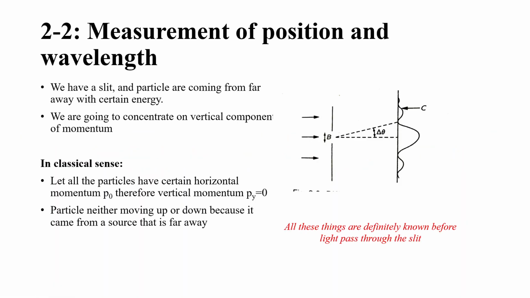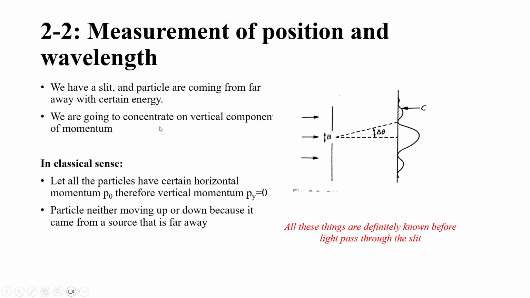Now, measurement of position and wavelength: we have a slit. Let's say there is a light source and light is coming in this way, and here is a slit of size B, and there is a screen. Particles are coming from far away with a certain energy.